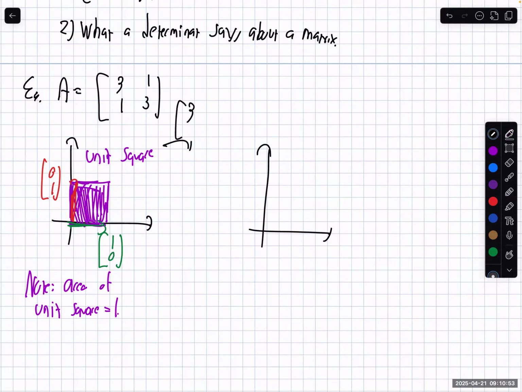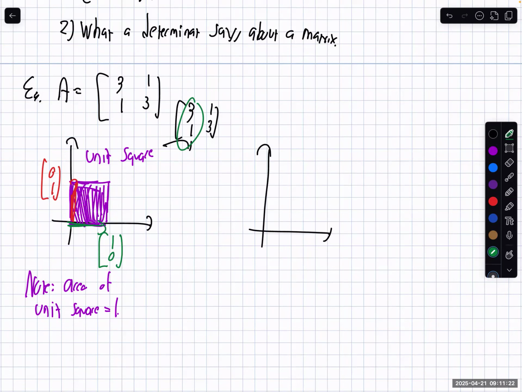Okay, and then this comes over here. The unit square is defined by these two vectors. So (1, 0) gets mapped to where? You remember why (1, 0) was one of my favorite inputs? Because the output is going to be the first column.